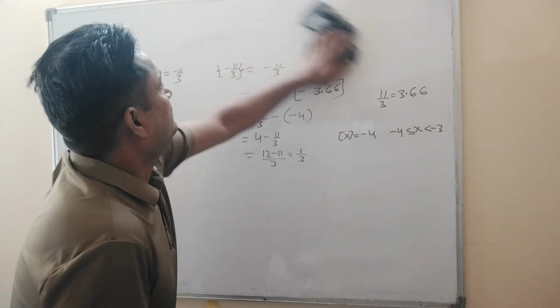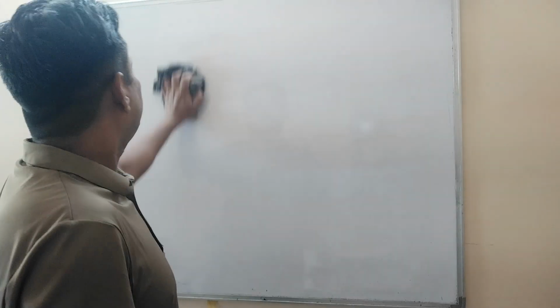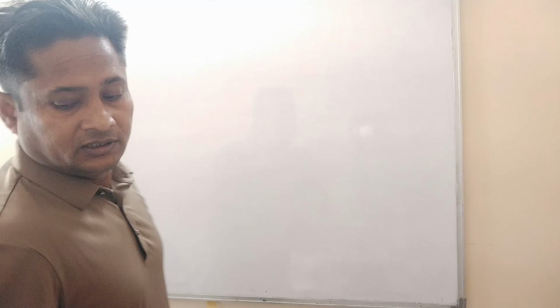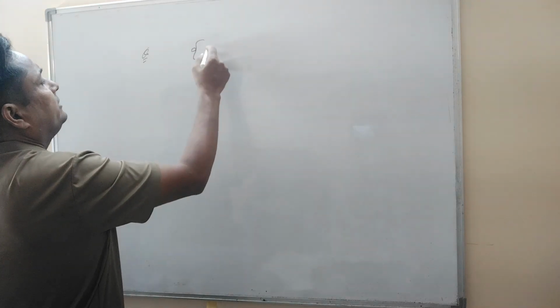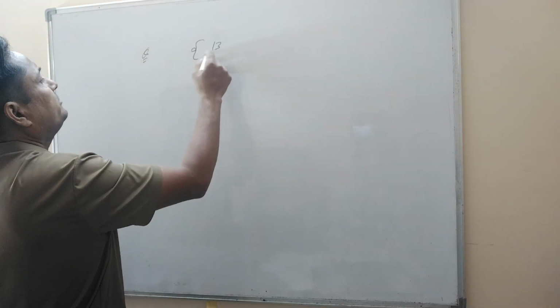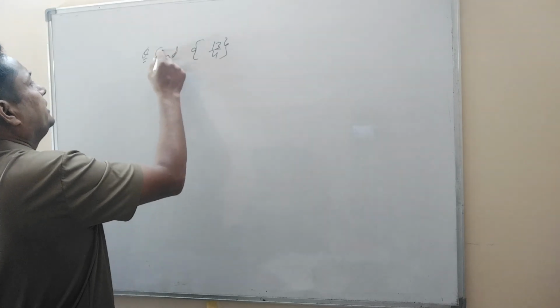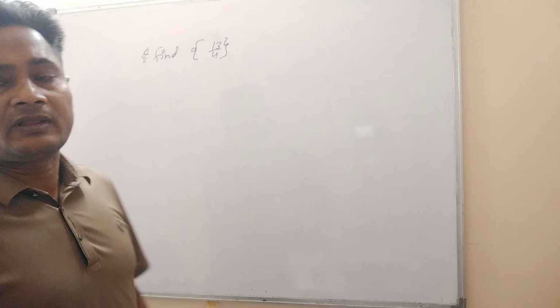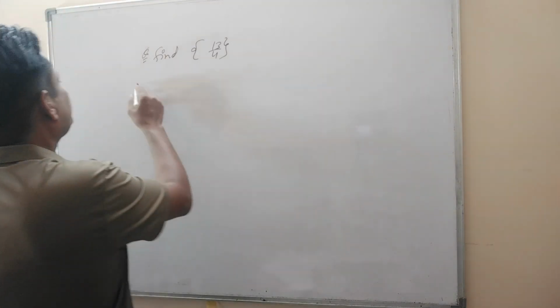So you can calculate any value of the fractional function by the definition of x minus the greatest integer. Let's say you have to find the value of the fractional function of 13 by 4. If you want to find this value, how will you calculate?